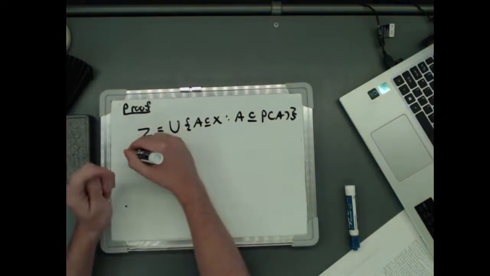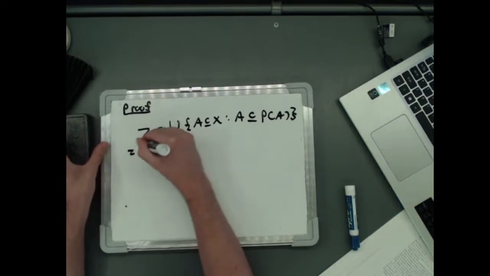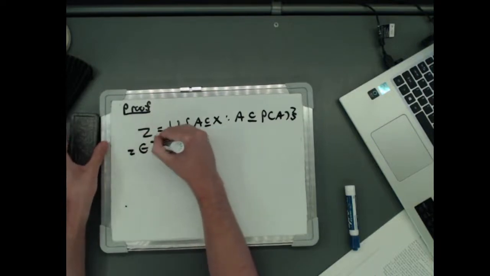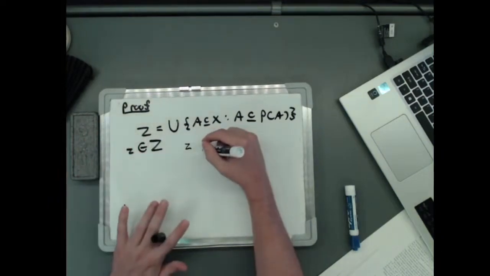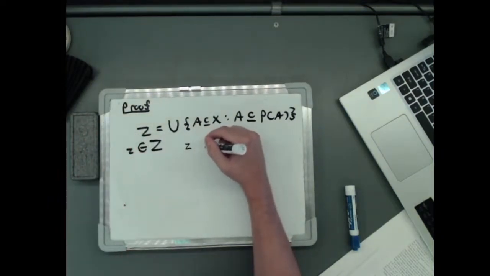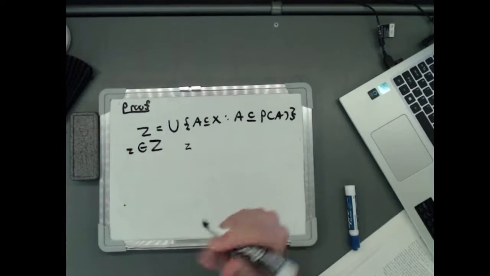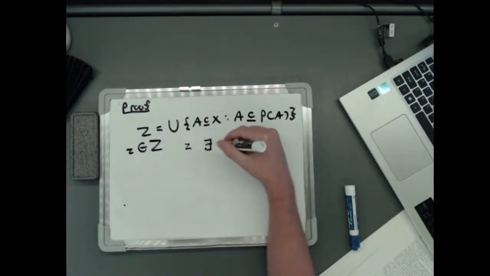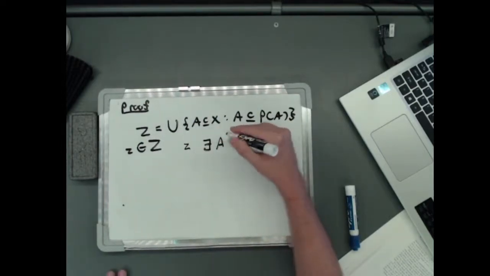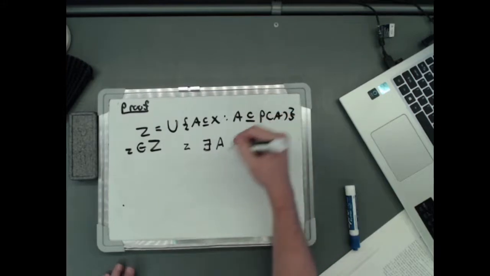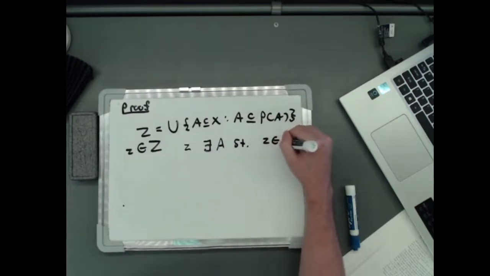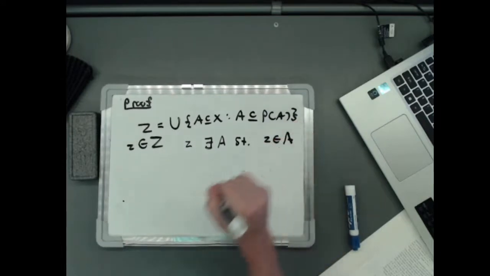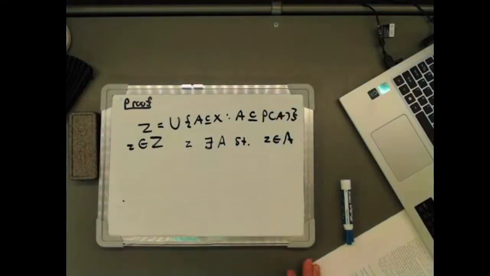Take any z inside Z. For this z, there exists a set A such that z is in A. Sorry, I'm kind of reading over my notes here.